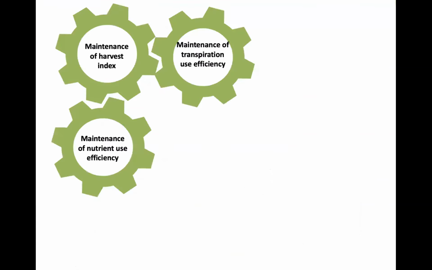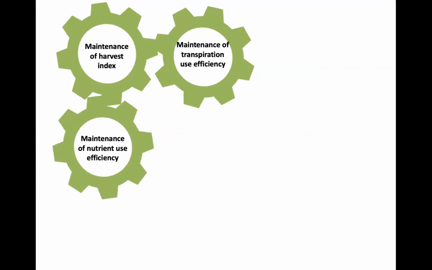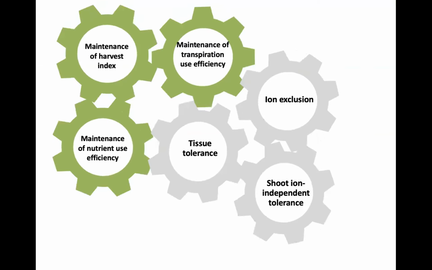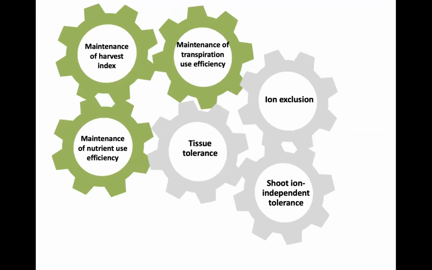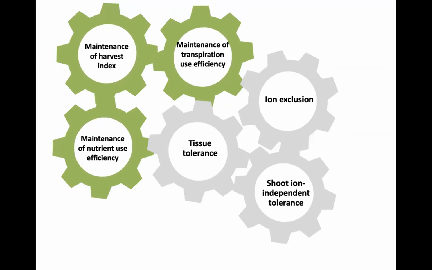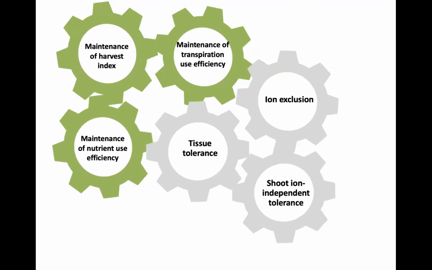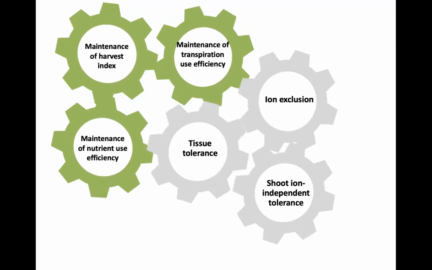So then normally we'd study the maintenance of harvest index or maintenance of transpiration use efficiency that all depend on each other for the purpose of the overall final trait. With ion exclusion and the 3 main tissue tolerance mechanisms, all these types of maintenance mechanisms depend on one another.